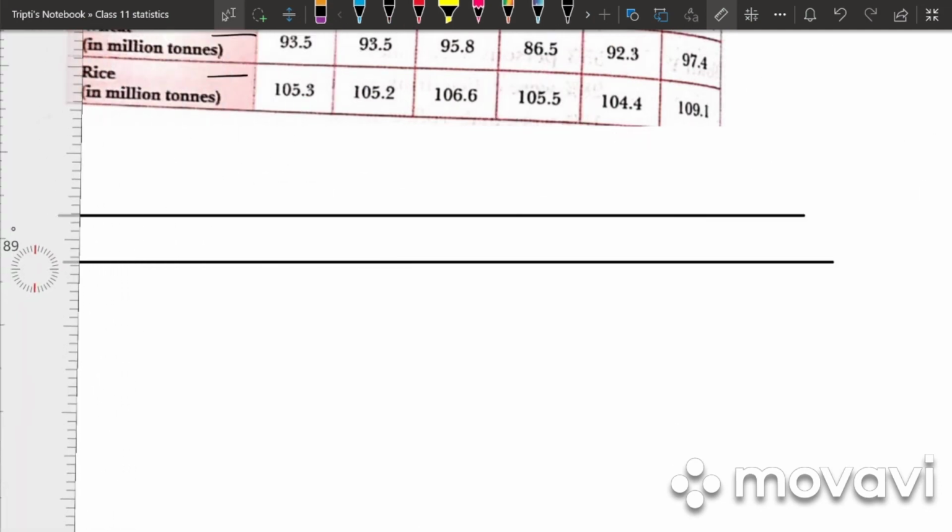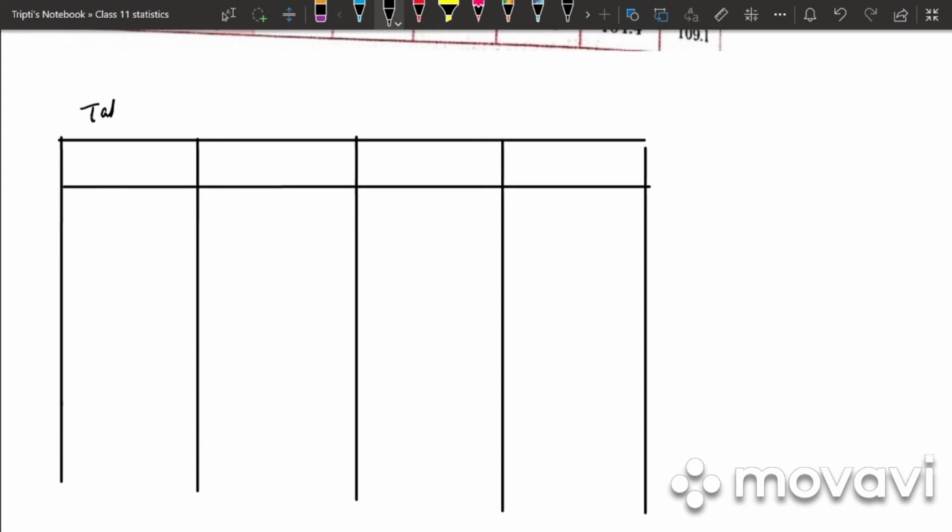First we need to write down the heading for the table. You can write any table number, so it will be table number 5, production of wheat and rice in India.